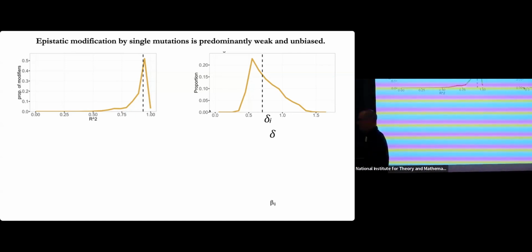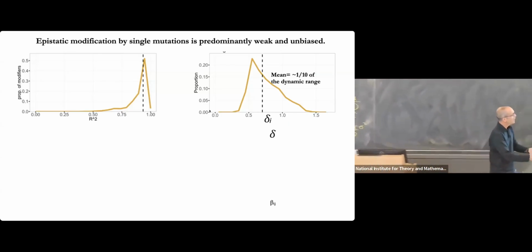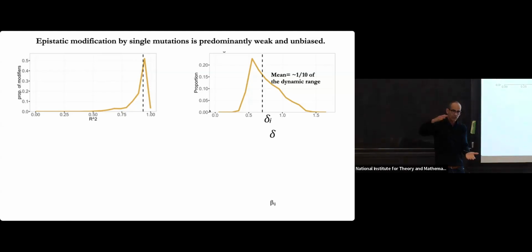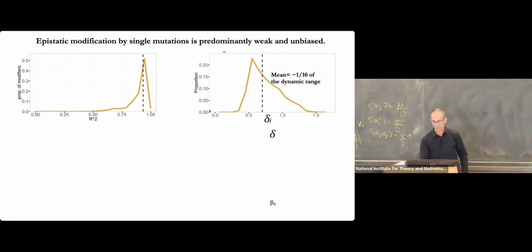And to give you an idea of scale, that mean represents about 1/10 of the dynamic range of measurement. So these are really pretty small effects for the most part, but there are some modifiers that are decorrelating lots of targets by a fairly substantial amount. But most of it is weak, as we predicted based on that Brownian motion thing.